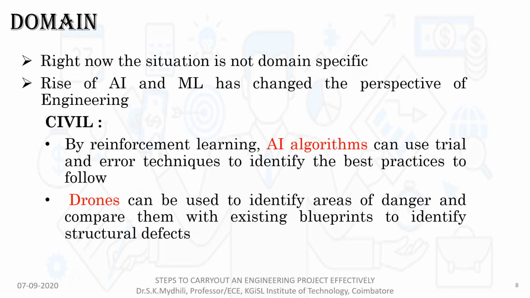Where human maintenance is very difficult, drones can be used, and by means of artificial algorithms, the blueprints can be taken and viewed each and every time. If there is any defect compared with the previous printouts, an image processing algorithm can identify the defects and they can be rectified as fast as possible.